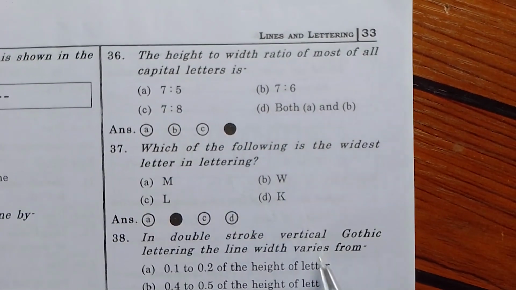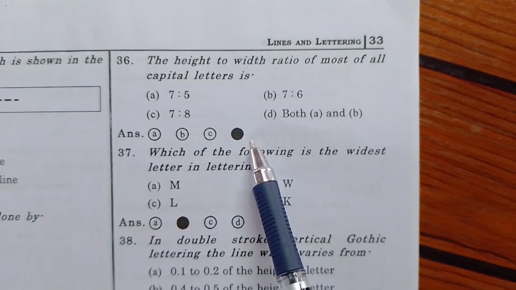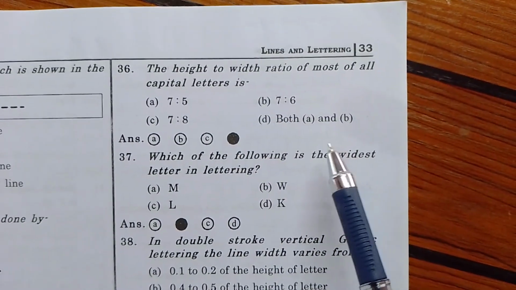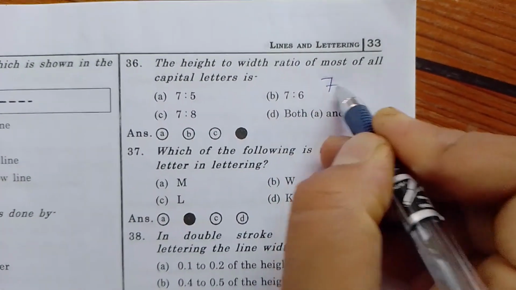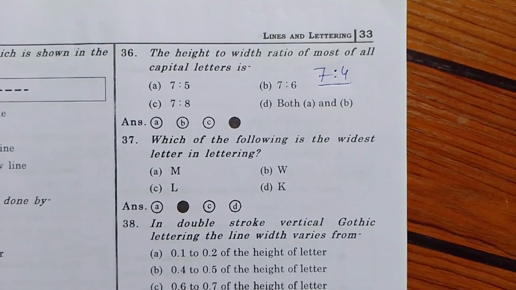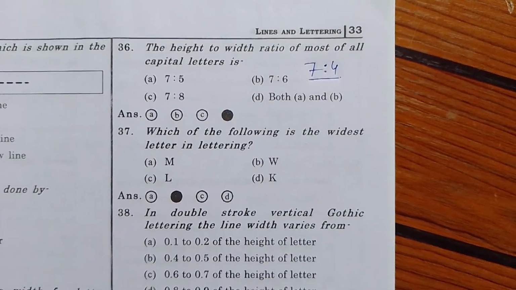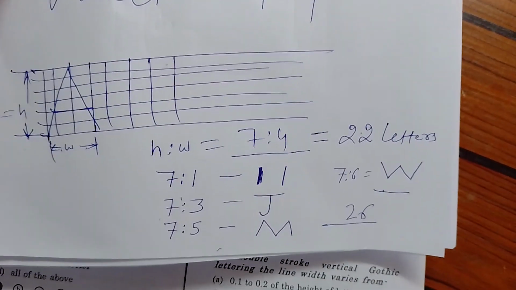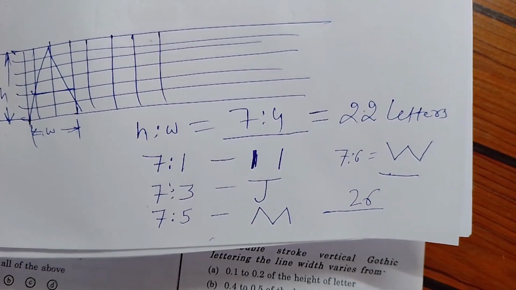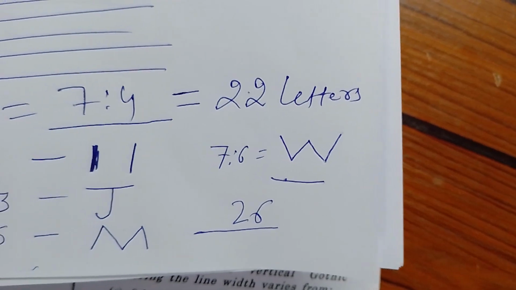So here both A and B can be taken. This all depends upon the option, but I preferred here 7:4 for 22 letters, and 4 are exceptional. I have already told that 4 letters are exceptional. I is written in 7:1, 7:3 for J, 7:5 for M, and 7:6 for W. These are all 26 letters.